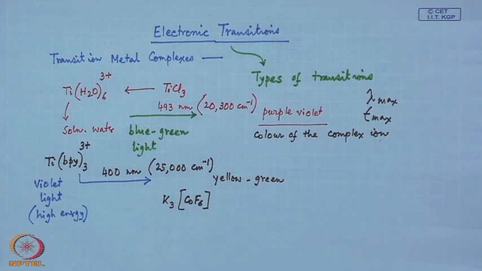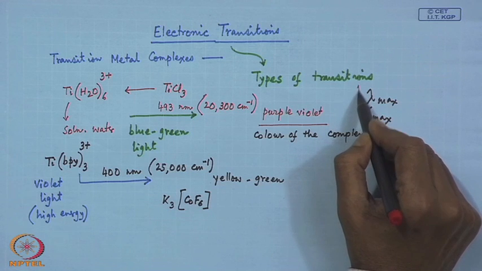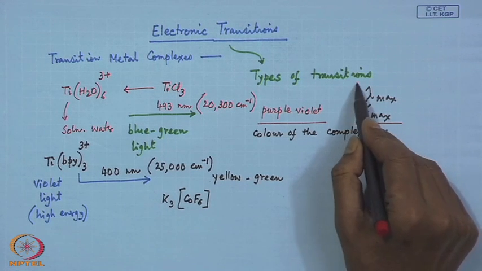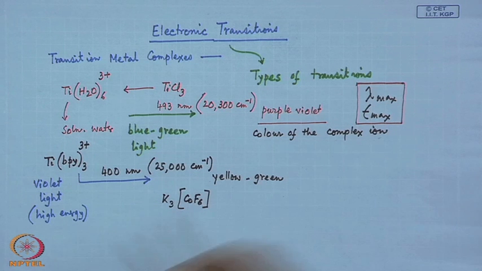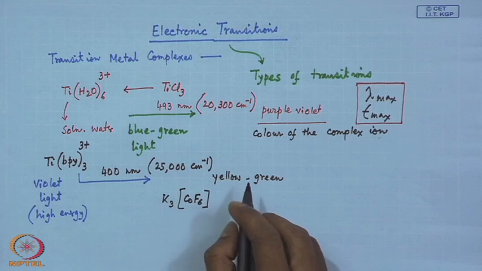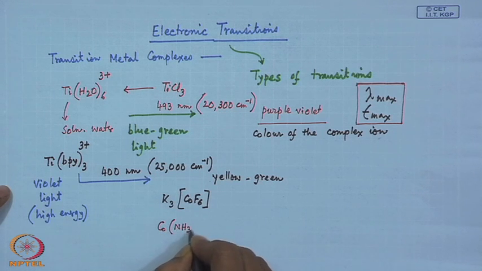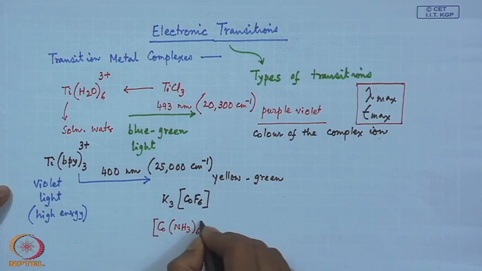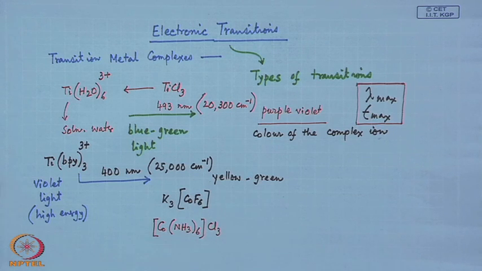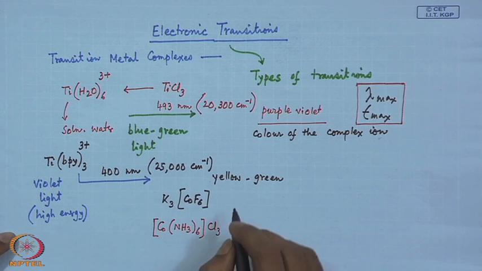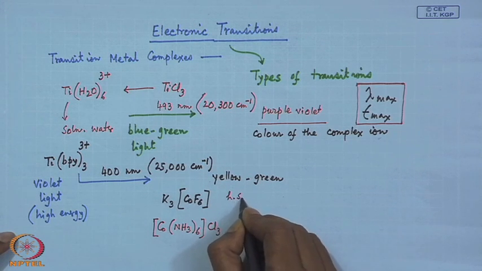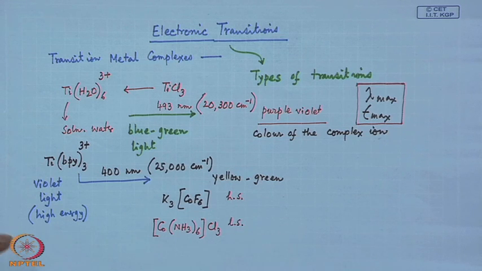So, the data that we will be reporting for all these complexes will be the corresponding lambda max, that means the maximum absorption wavelength, and the corresponding molar absorptivity at that maximum value. So, this particular compound, if we compare with our well known hexaamminecobalt(III) chloride compound, Co(NH3)6 Cl3, this compound is high spin and this is low spin.